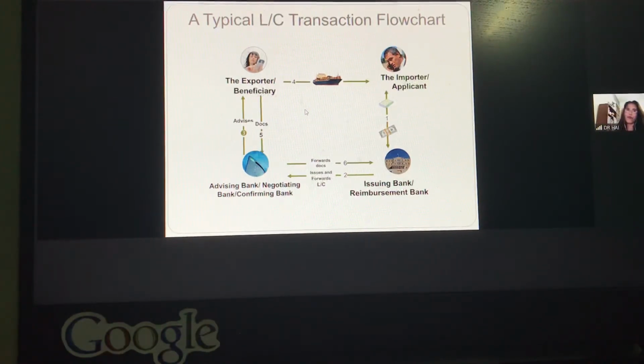For example, from an embassy. For example, if we do business with an American exporter, you can get information from the Vietnamese embassy in New York. You can get it easily.